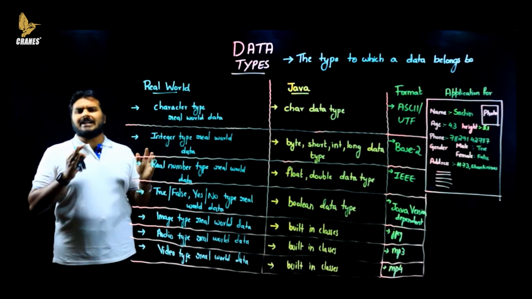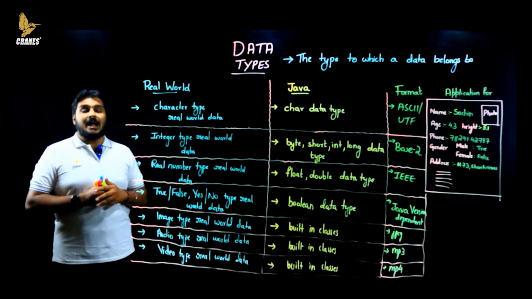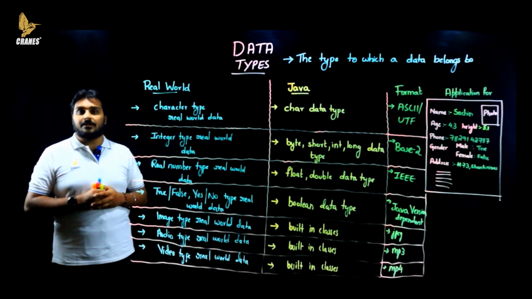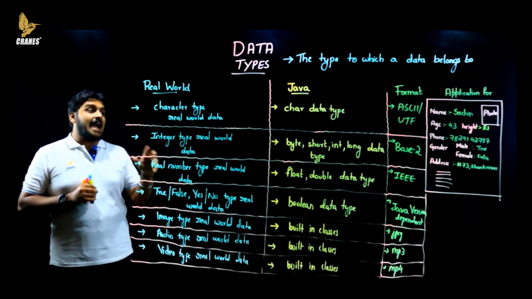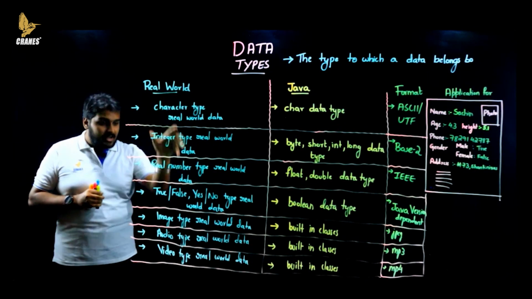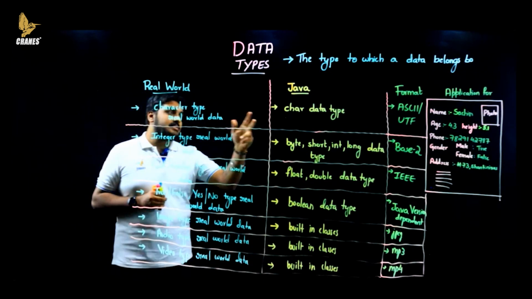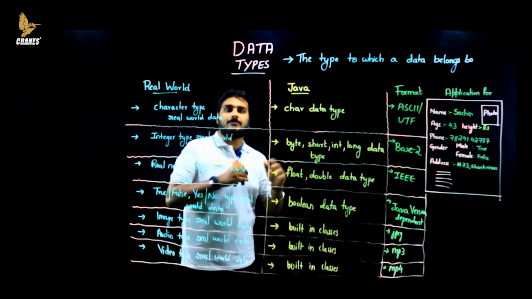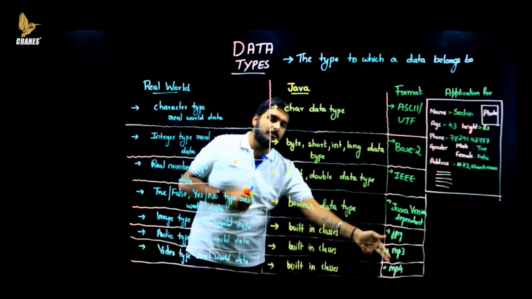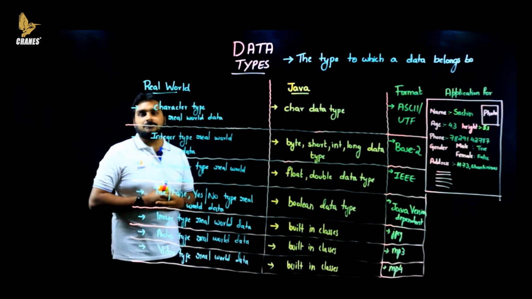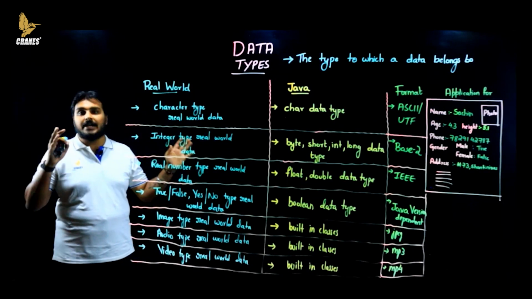For that, we will certainly wait for some time and understand these things in depth. But for now, I hope you guys have got the complete clarity that in Java, the real world data can be represented using various different data types, and on what format basis we are going to represent them. I hope I am completely clear about this thing.